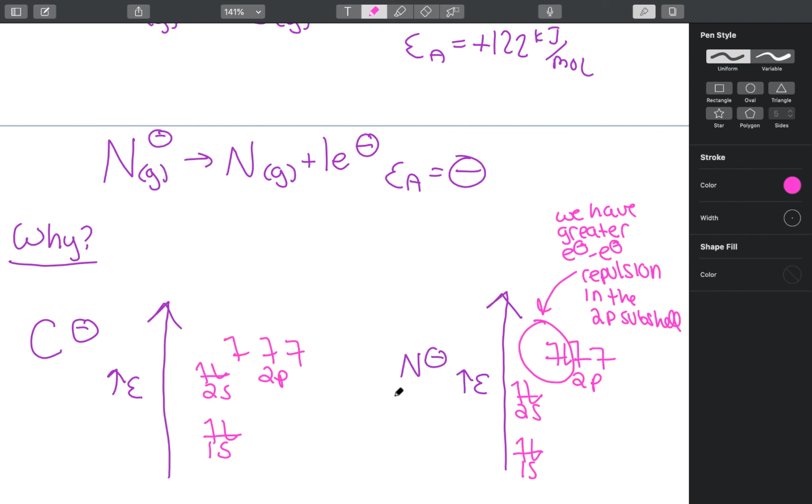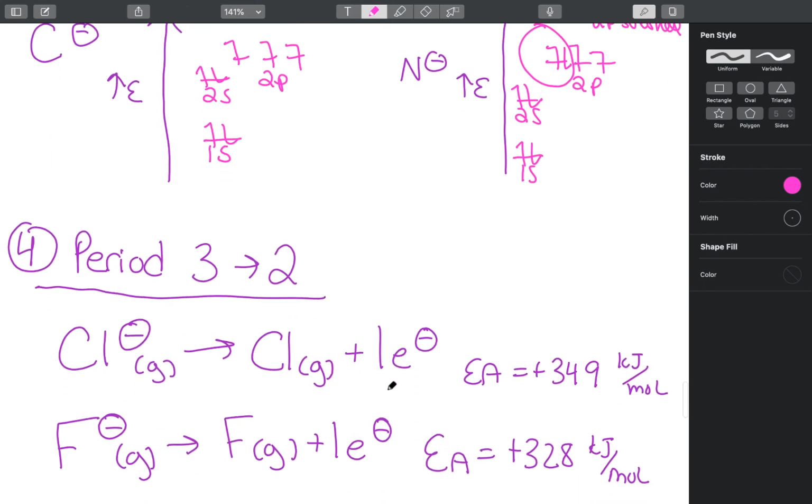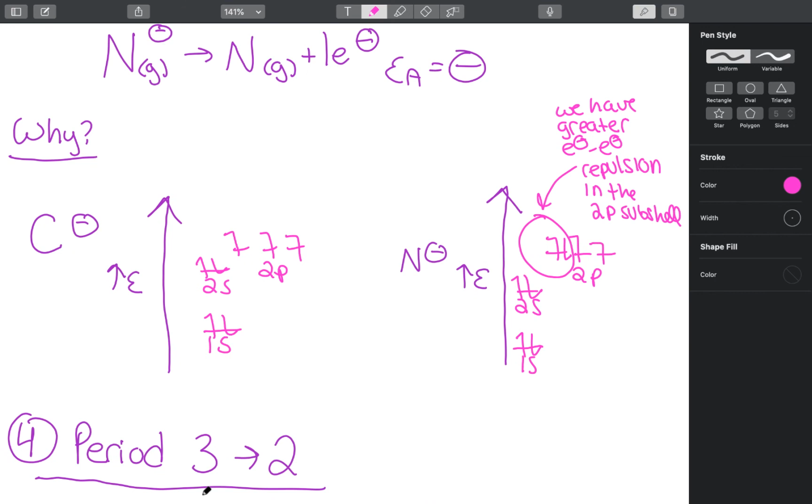So therefore, the group 5A elements have a lower electron affinity than the group 4A. So then the last exception is seen when we go from period 3 to period 2.